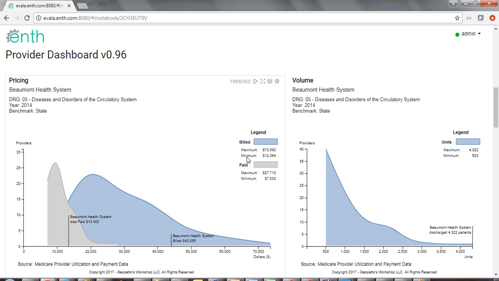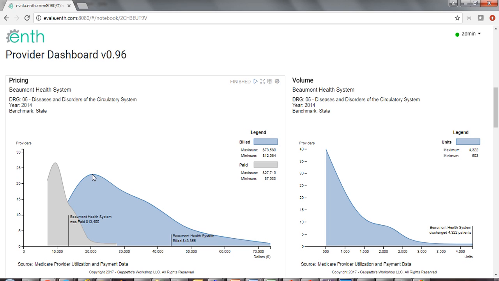We got a maximum and minimum price, the average price that some provider actually billed, and we get a minimum and maximum provider that they were actually paid. So in this case, Beaumont Hospital, their average billed price was about $43,000 per patient. That puts them on the high side of the billed curve.